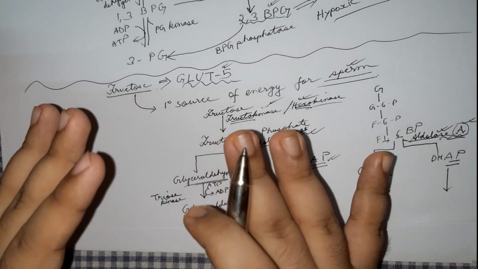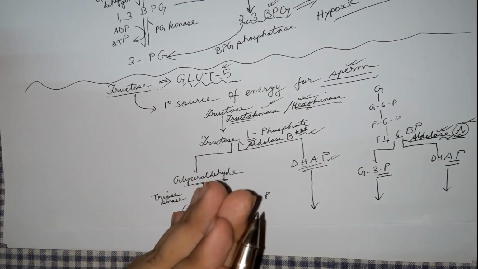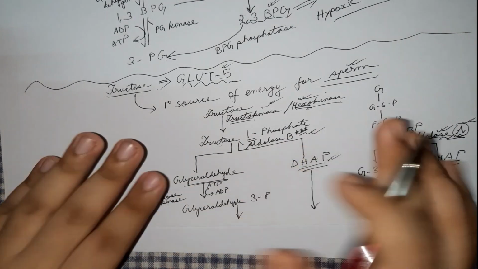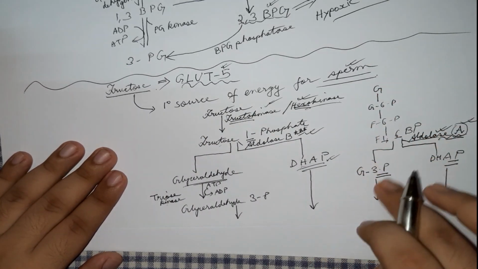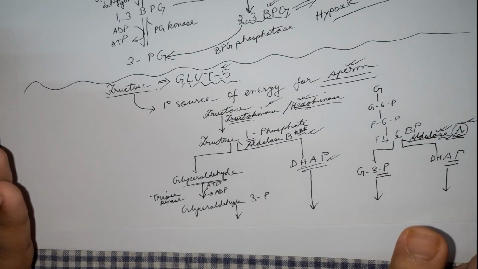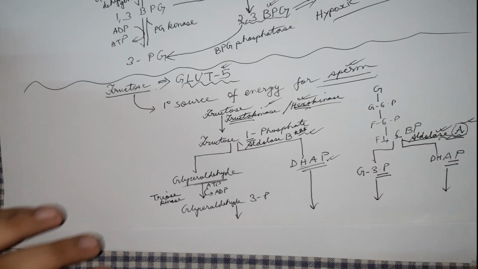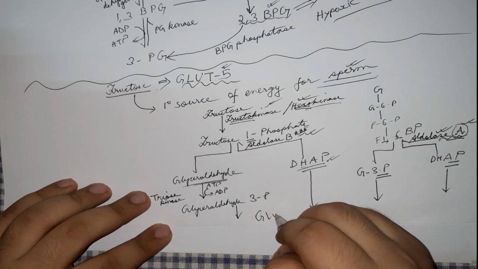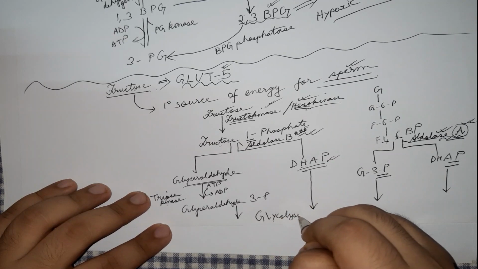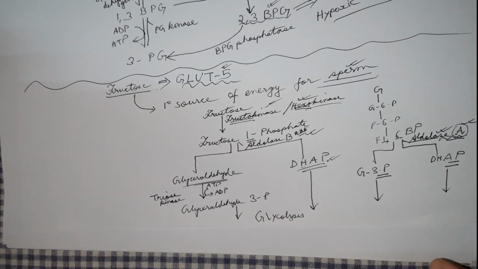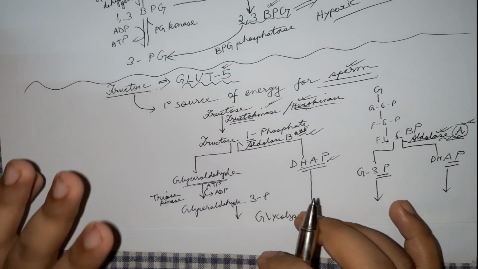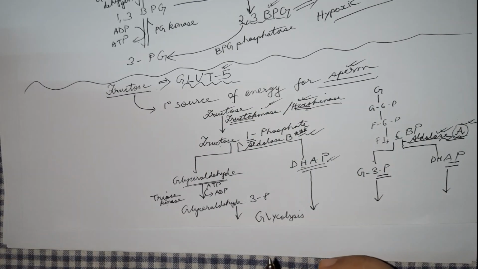The story of fructose metabolism or galactose metabolism ends when any one of the intermediates of glycolysis is formed. After that is formed, from there onwards normal glycolysis will go on. Okay, so that's that about fructose metabolism. So this is how fructose metabolism occurs.